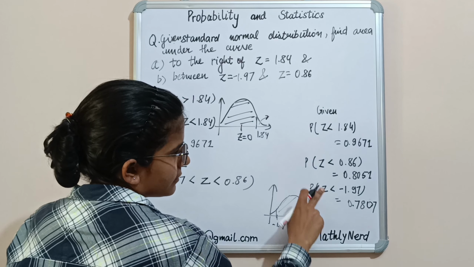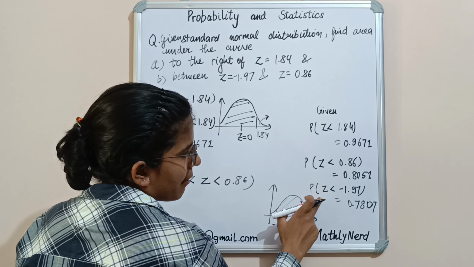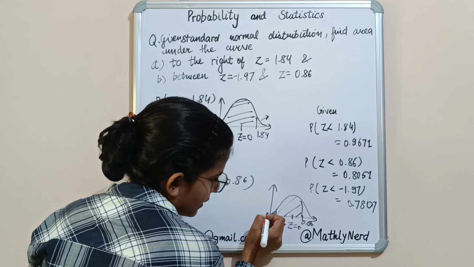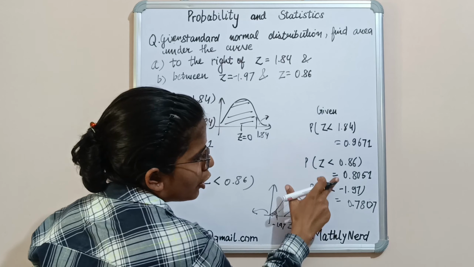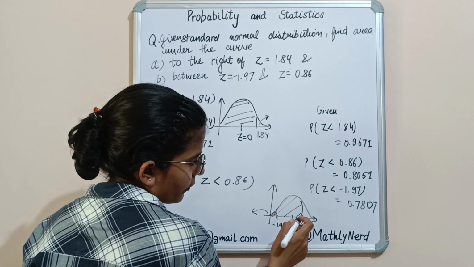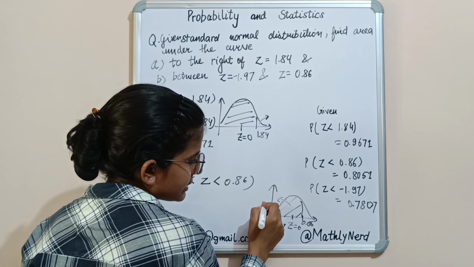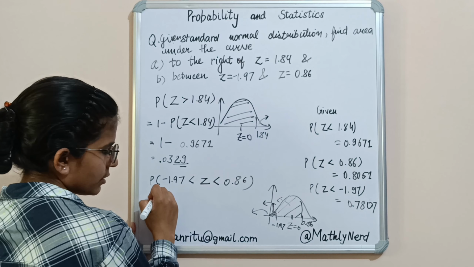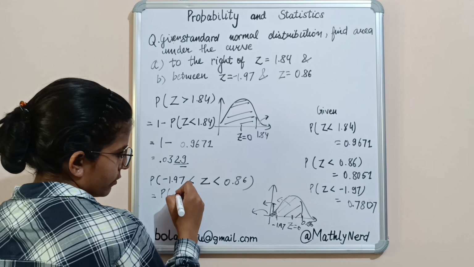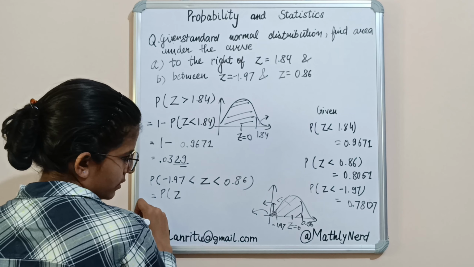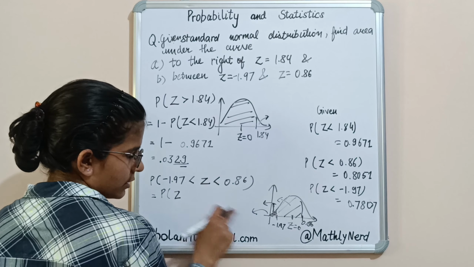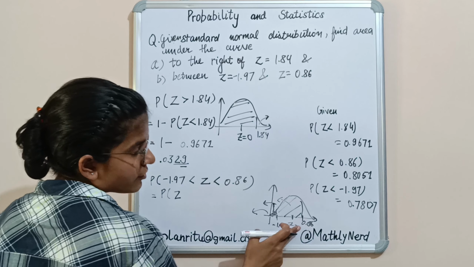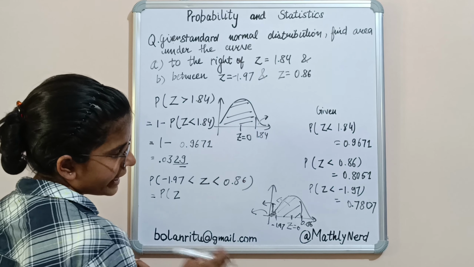Now we are given the probability of Z less than minus 1.97, this area, and the probability of Z less than 0.86, which is this whole area. So we are given the probability of Z less than minus 1.97 and the probability of Z less than 0.86.